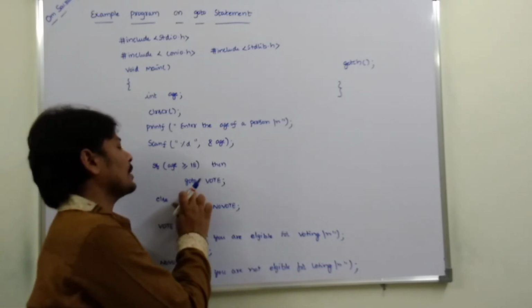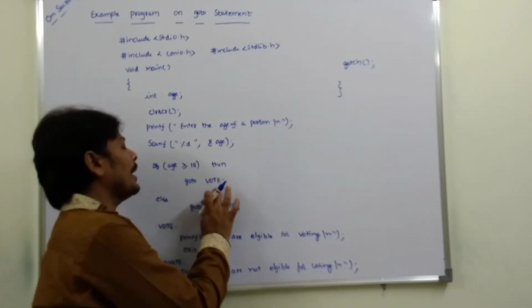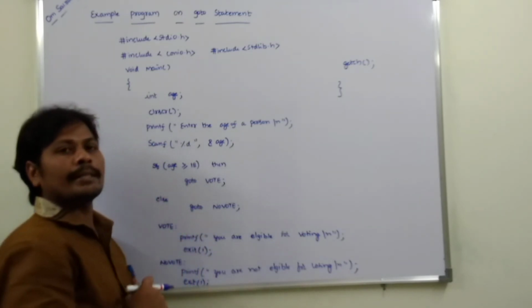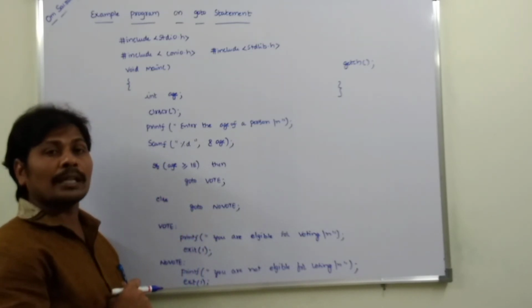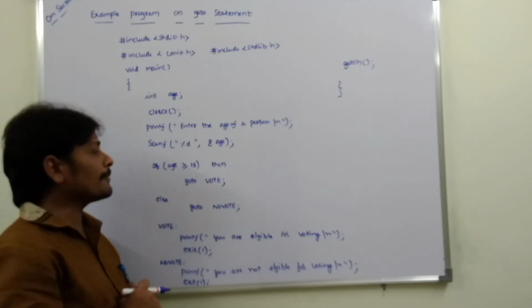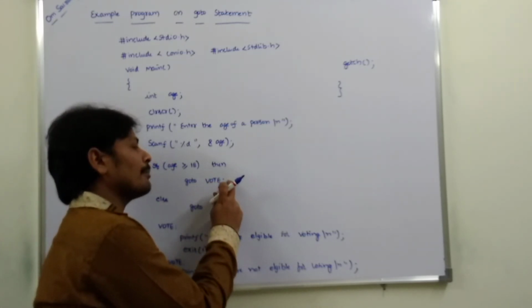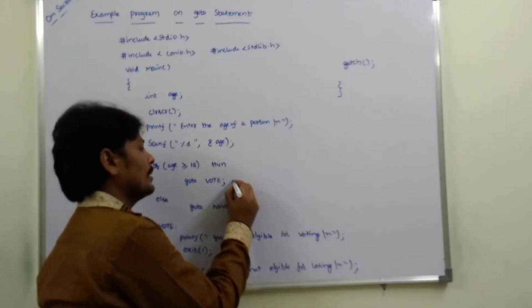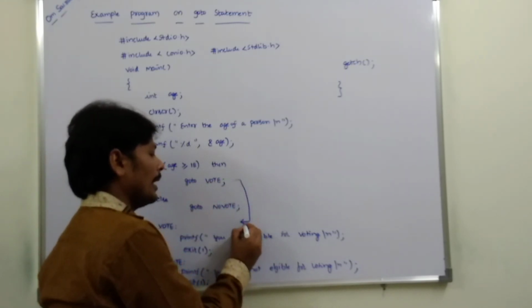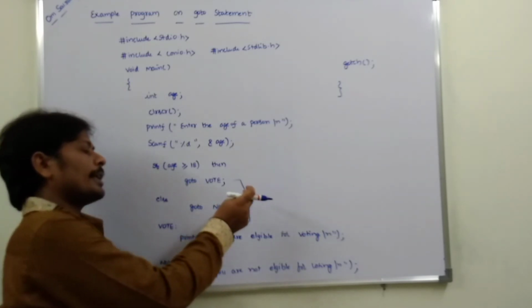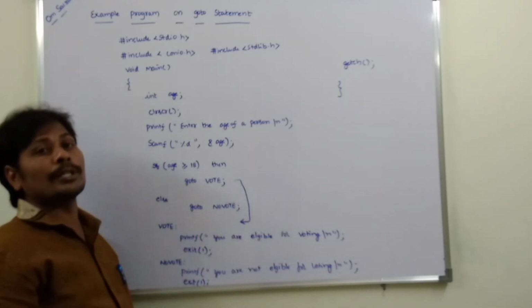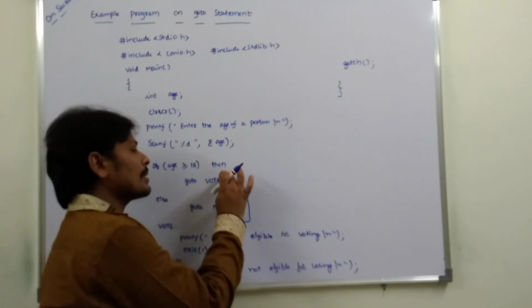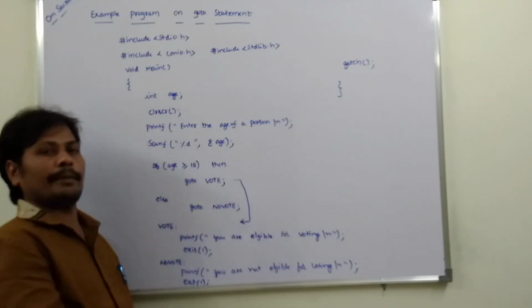Here the goto statement's label is vote. Whenever this statement occurs, the program control is transferred from this statement to the label statement. So what type of jump is this? Forward jump.